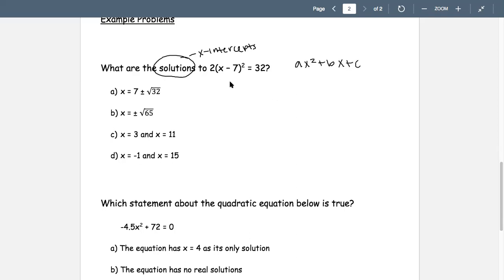No, we need it to look like that. We actually did this not too long ago. I need to simplify this. What would I do to simplify this?